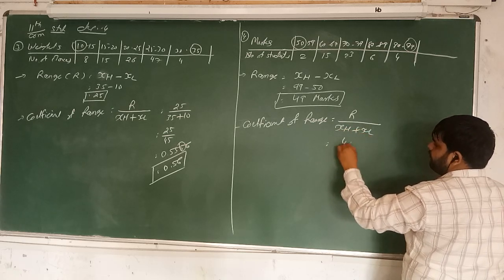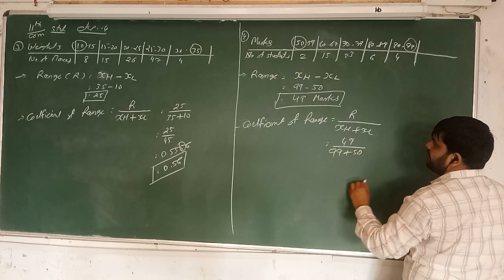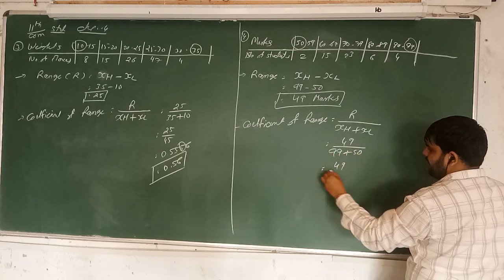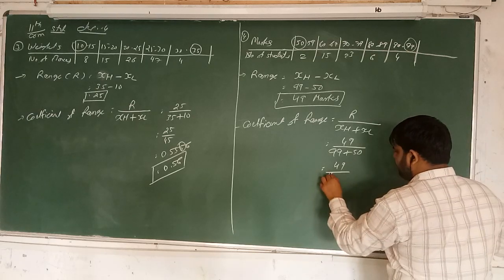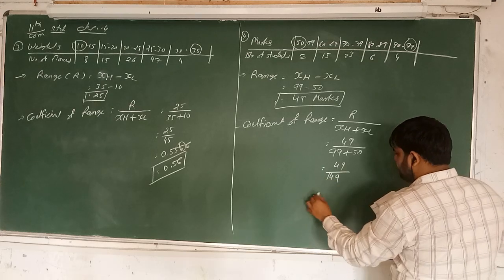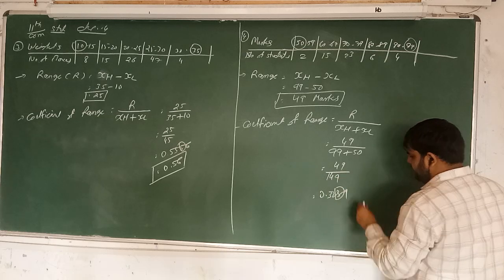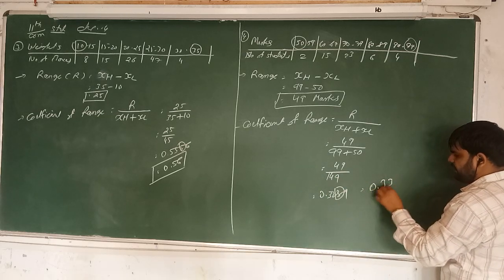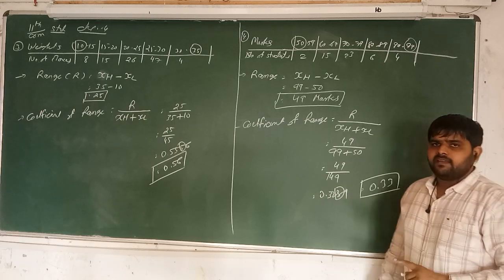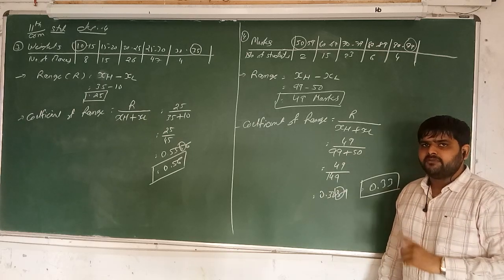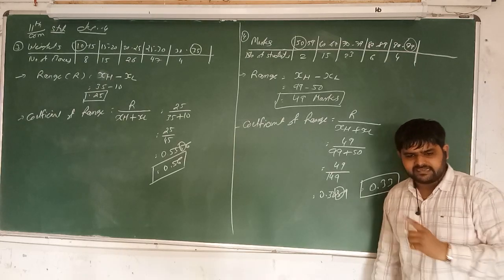So 49 divided by 99 plus 50, that is 149, and the answer will be 0.3289. The third digit is 8, so the answer will be 0.33. In this way, with the help of the formula, we can find the range and coefficient of range.